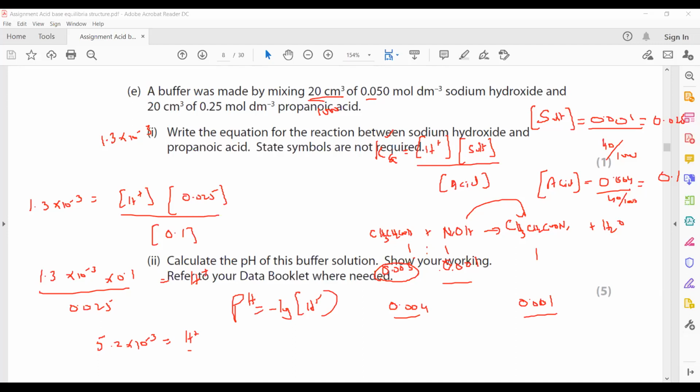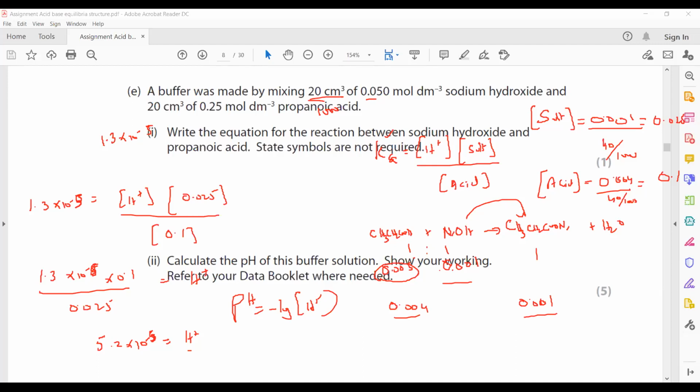Can you check the hydrogen ion value again? It is 1.3 exponent minus 5, not minus 3, minus 5 actually. So it will be 5.2 exponent minus 5. I wrote minus 3 there, look. So what's the pH now?